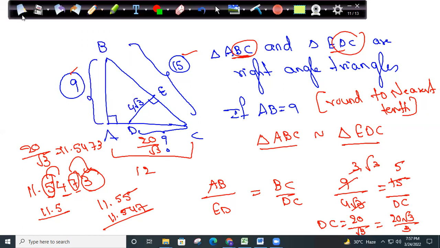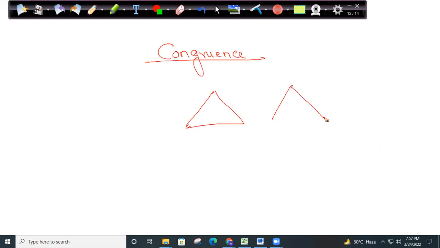Okay, now next is congruence. Congruence is simple. Two triangles are said to be congruent if they have same shape and same size.